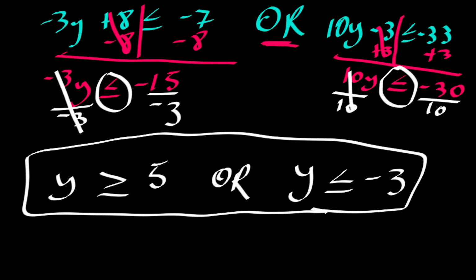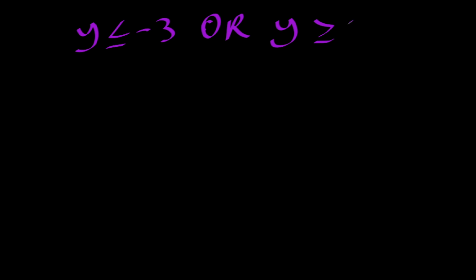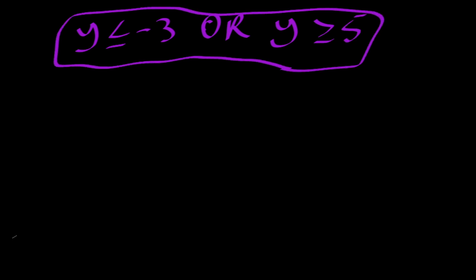Let's look at the actual graph. Now, when I rewrite these answers, for me personally, I like to write them from least to greatest. So I would write y is less than or equal to -3 first, then say or y is greater than or equal to 5. But that's just because if I don't watch out, I just get stuck in a pattern.